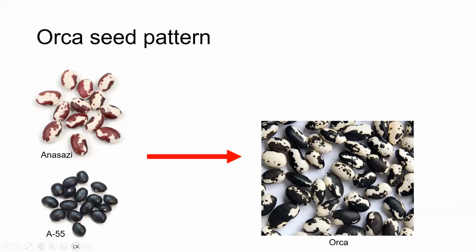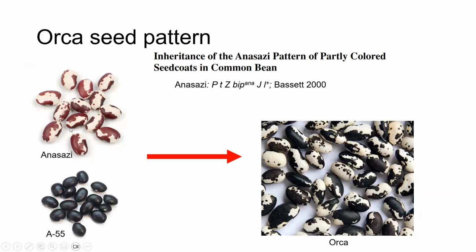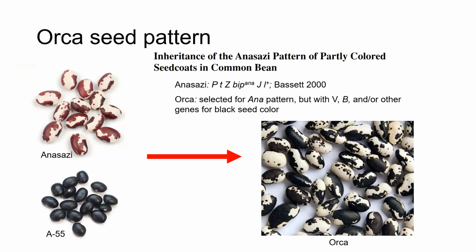And then Orca is known to have Anasazi as a parent, and the genetics of the Anasazi seed color pattern have also been studied by Mark Bassett. And this is all, again, fairly traditional work. There are some linked RAPD markers, but for these genes specifically, T and BIP, no gene model has been proposed, and the understanding of how these color patterns are achieved has not been characterized.